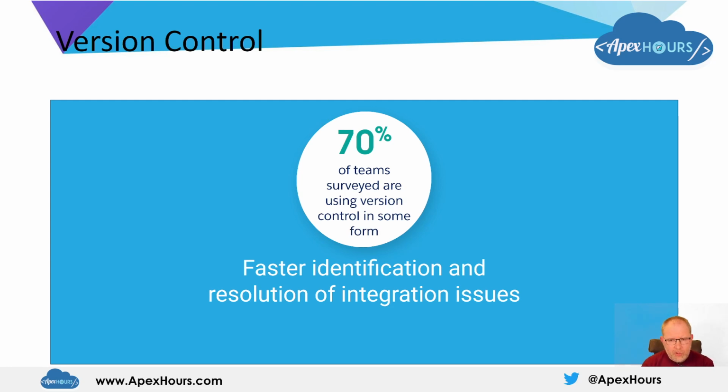Fundamentally, version control provides a structure for tracking changes to files over time. Those files can be text documents, source code, or Salesforce metadata. What that gives you is a complete history of any change to any file at any time by anyone, and a much greater level of insight than you'll get through Salesforce natively.